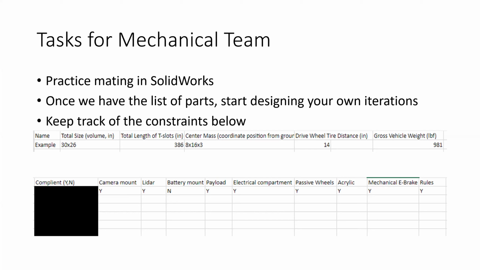Basically, you don't want to create a new length of T slot if it's not there. You can use increments of 1 foot that you can buy from McMaster.